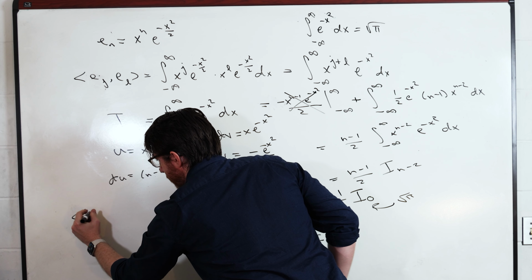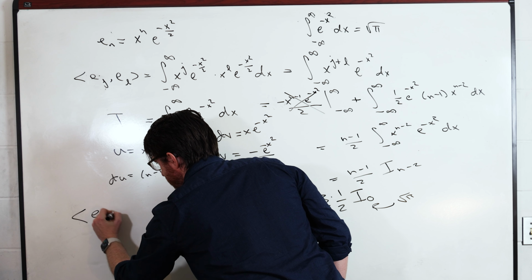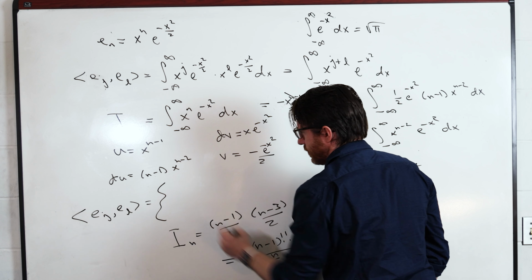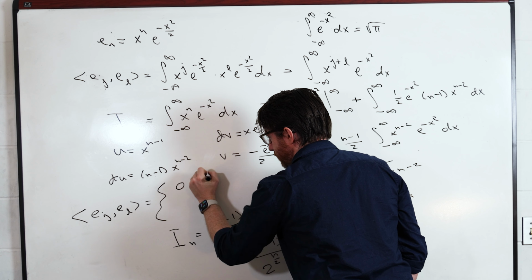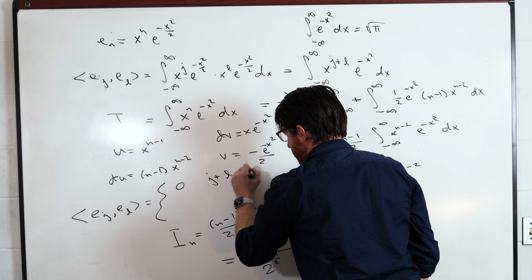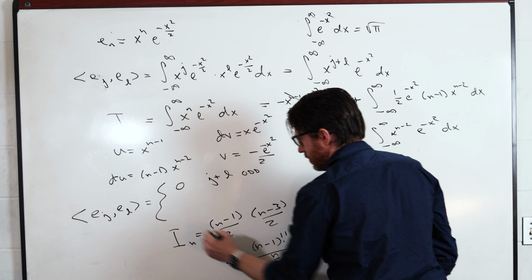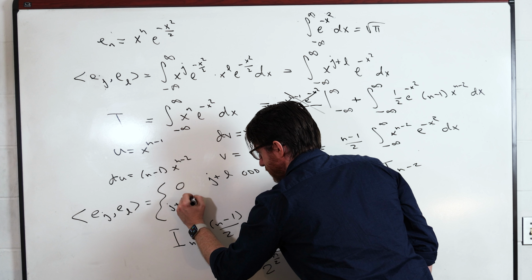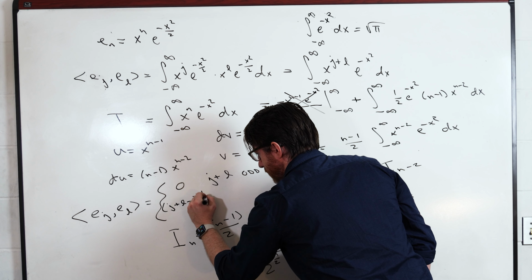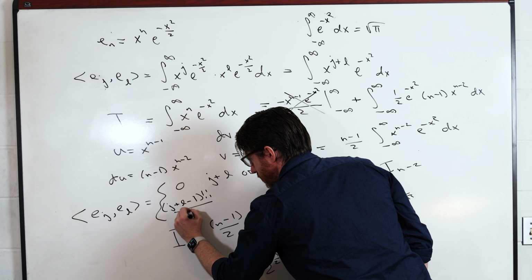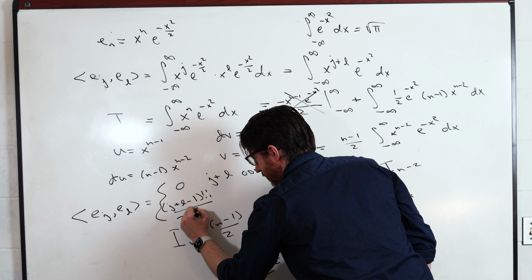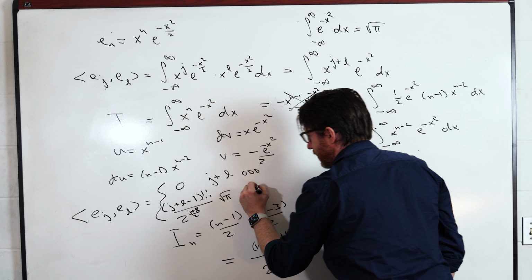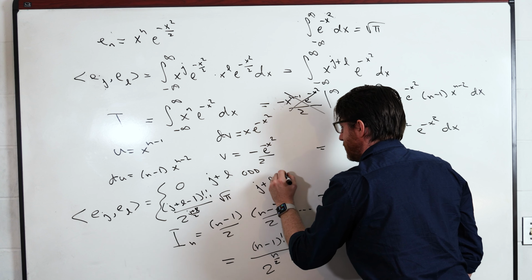We have our inner product of EJ and EL is equal to 0 if J plus L is odd, and otherwise is J plus L minus 1 double factorial divided by 2 to the J plus L divided by 2, times the square root of pi, when J plus L is even.